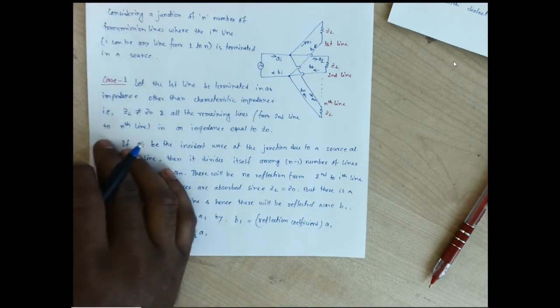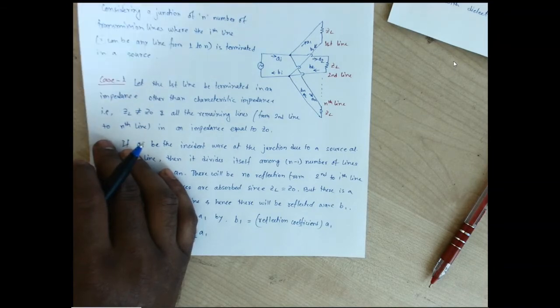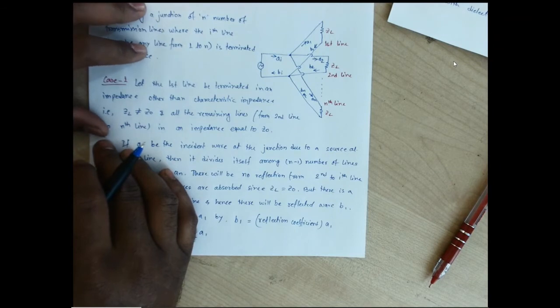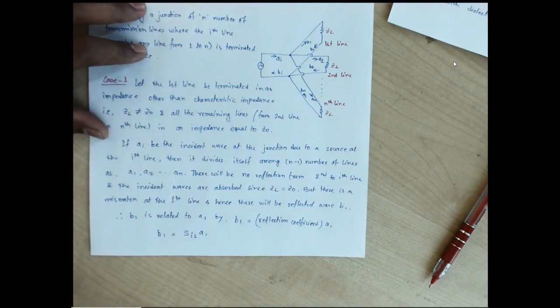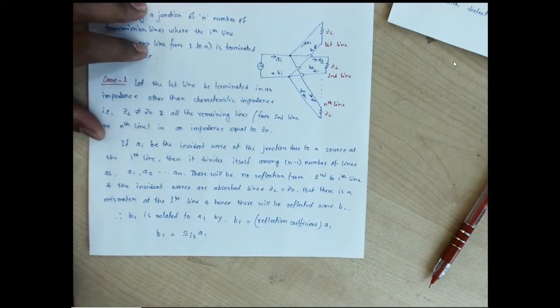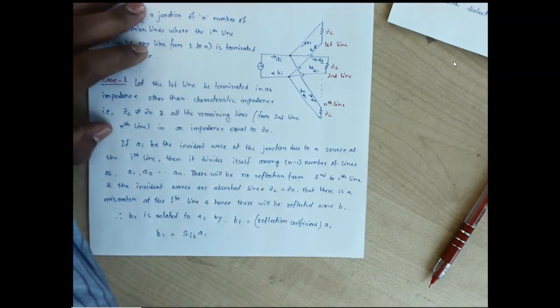So if it is S21, let us consider I is 2, so we are saying that the source is connected to the second line and reflection is coming from the first line.